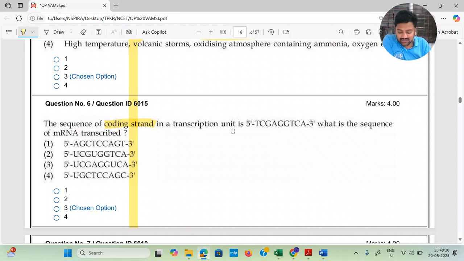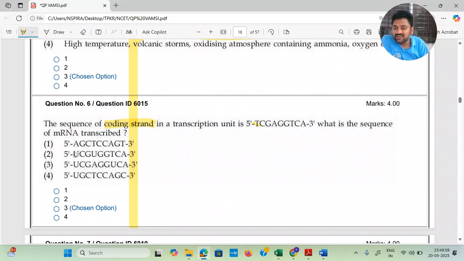We know that during transcription, when mRNA is formed, the mRNA will be exactly the same as the coding strand, with only one difference: wherever thymine is available in the coding strand, in the place of thymine, RNA consists of uracil. So the option should be exactly the same as the 5' to 3' strand given here, but in the place of T we should search for uracil.